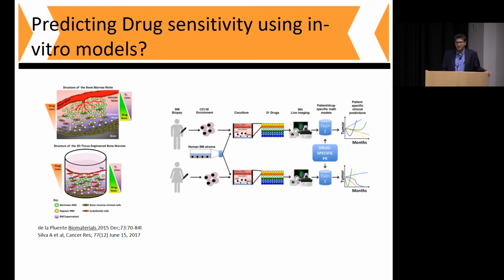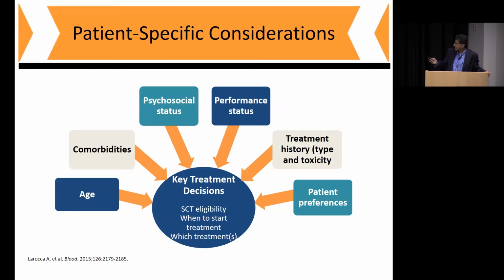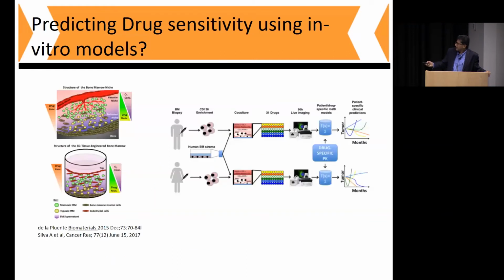Attempts in this area have been ongoing for well over 20 years. And yes, we're getting better at it, but we still don't have a way to scale this up, wherein we can take an individual's cells and test in the laboratory what drug would be best for that patient.